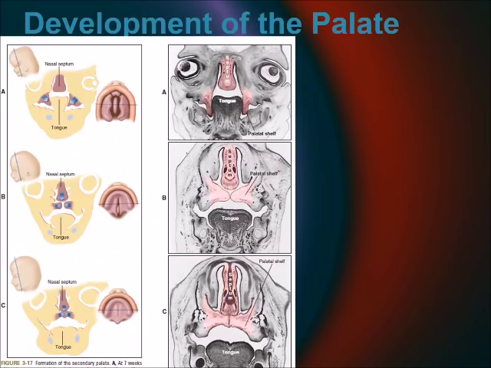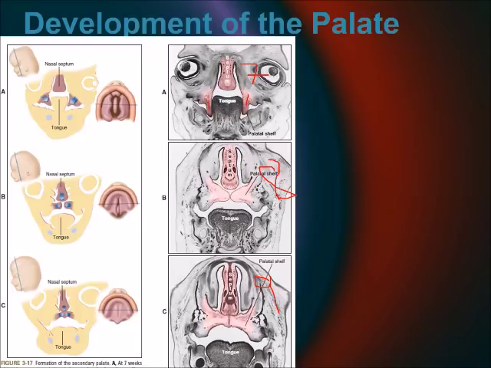In this image you can identify embryos of age 7, 8, and 9 weeks intrauterine life. At the age of 7 weeks you can see the palatal shelves, the downward growth.